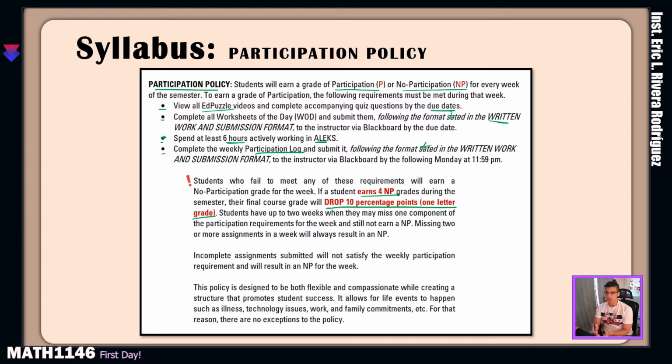So kind of a plan for the semester. If you meet those 4 participation requirements, your participation grade for that week is participating, P. If you fail, NP, no participating. Okay.